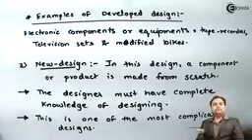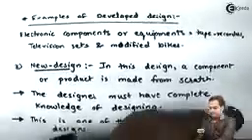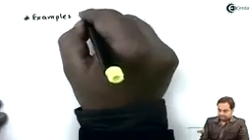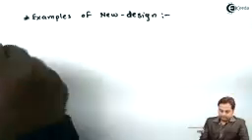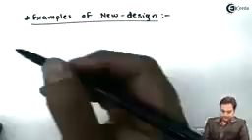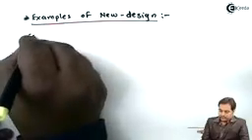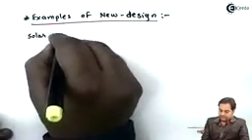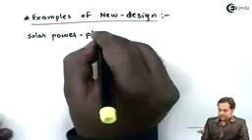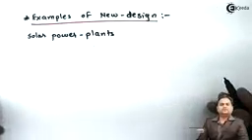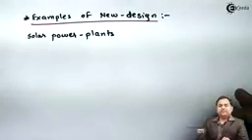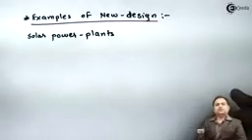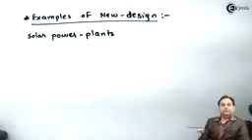Next, I can give the examples of new design, like solar power plants. To set up solar power plants, we require a completely new design of that power plant, and as we are setting it up, it comes under the category of new design.